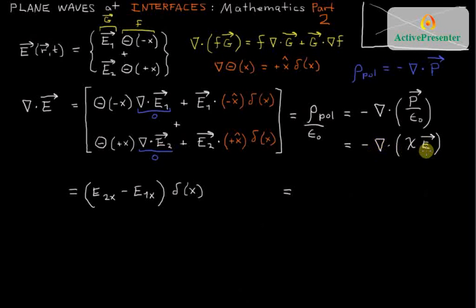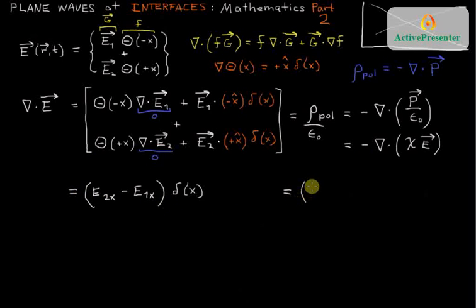The divergence of chi E is going to have exactly the same format of having a 2 term and a 1 term. So in this case, there's an overall minus sign, which there wasn't on this side, so it's going to be the E2 term that has a minus and the E1 term that has a plus.